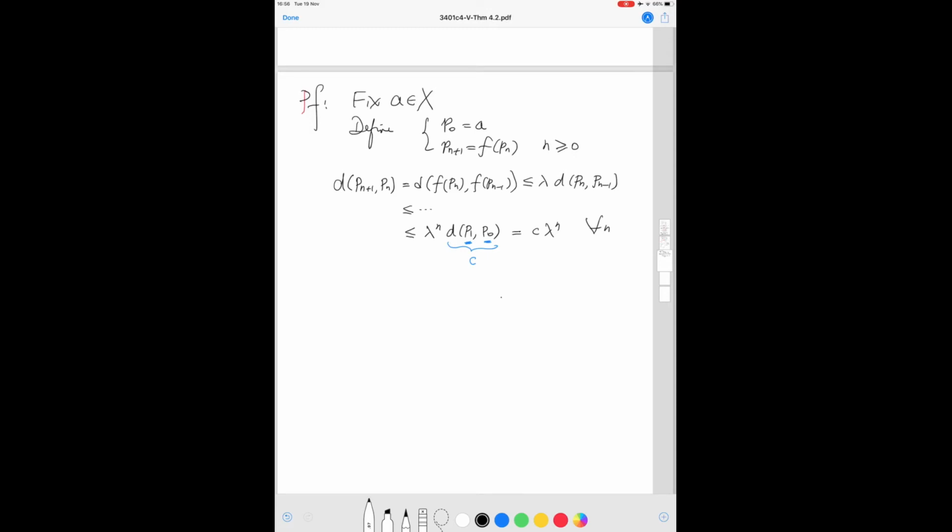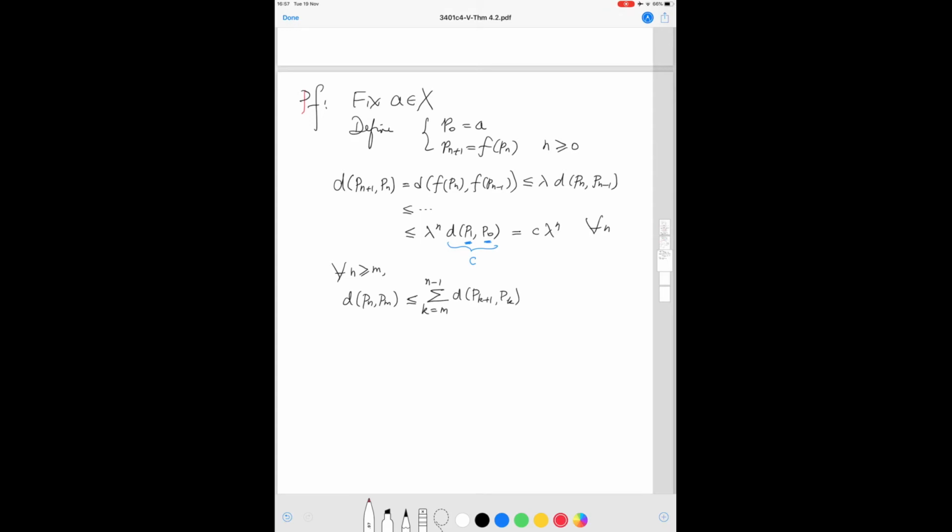Okay, and then for any n bigger than or equal to m, the distance between Pn and Pm, the usual trick is that you insert the middle points between n and m, and then apply the triangle inequality. This is less than or equal to the sum over k from m to n minus 1 of d of P(k+1) and Pk.